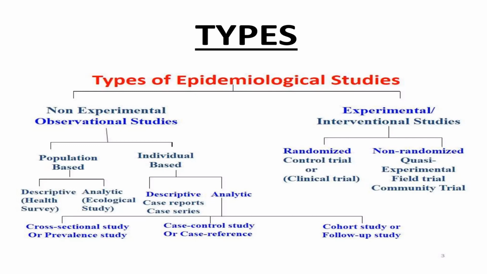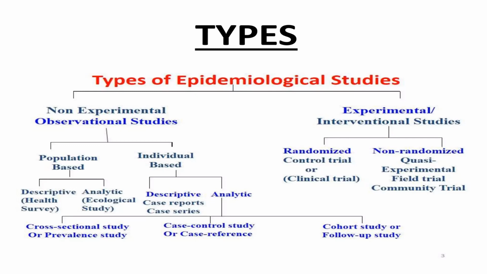The other name for descriptive survey is health survey, and the analytic survey is called an ecological survey. If we take only a single person, that is an individual-based study, we have descriptive studies, that is case report and case series, and analytic studies, which include cross-sectional, case control and cohort studies.